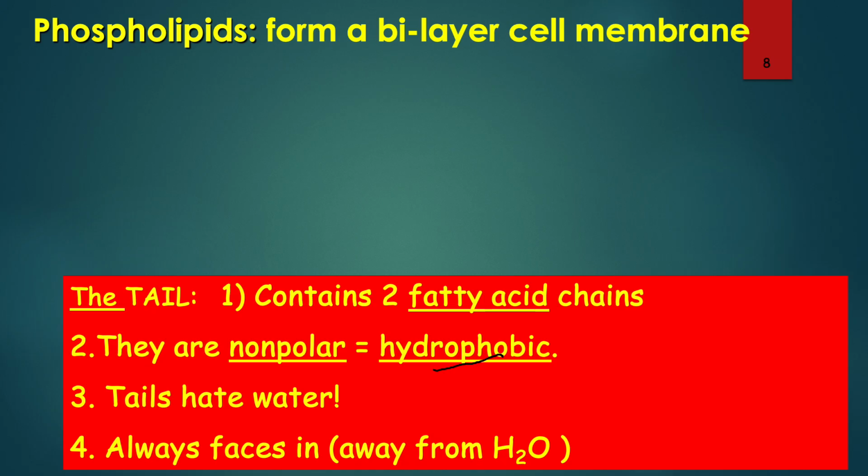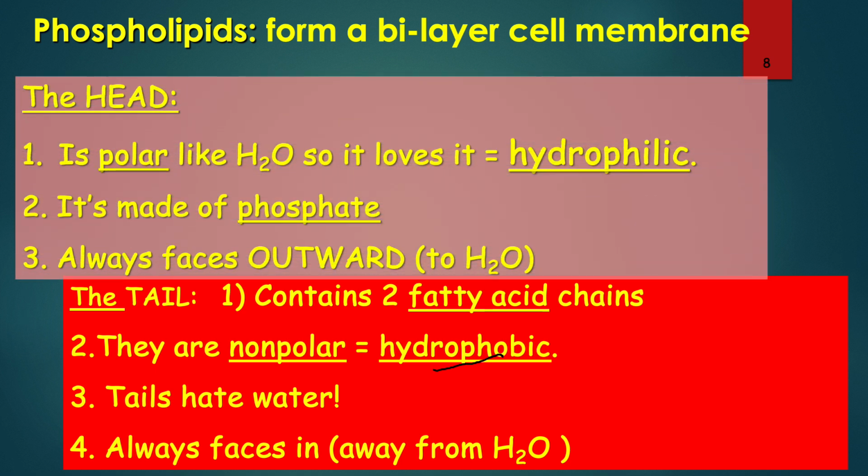And then they're always facing away from the water. Remember, the tails face one another. And then the head is polar, like water, so it loves water, therefore it's hydrophilic. It's made of a phosphate group, and it always faces outwards towards the watery substance.